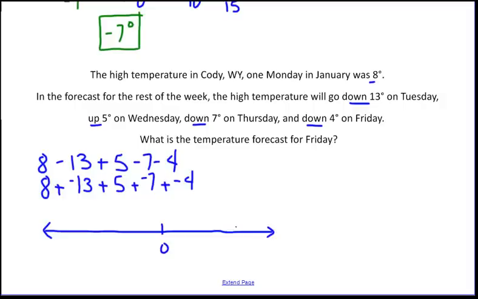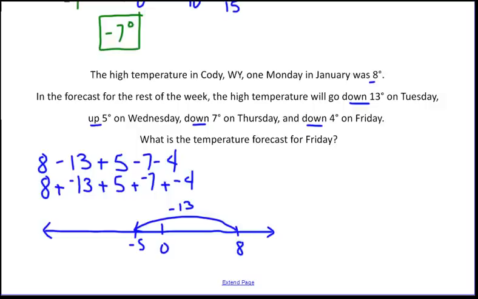So I am starting at 8. I am then going to either subtract 13 or add a negative 13. Either way, I'm going back to the left 13 and end up at negative 5.